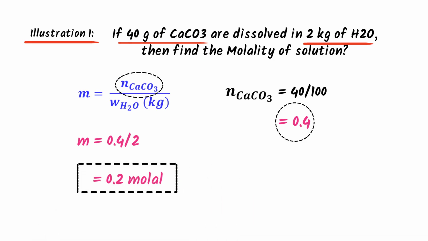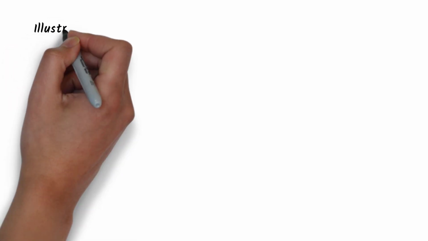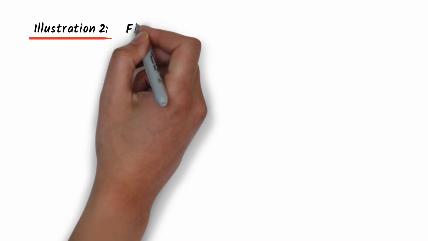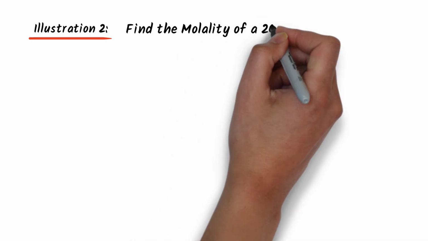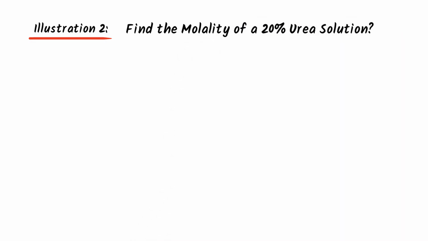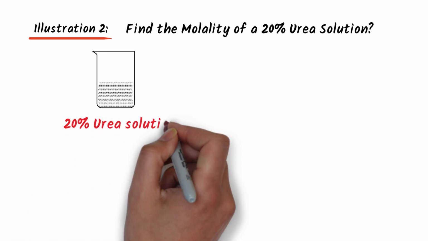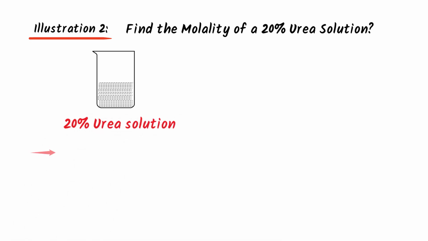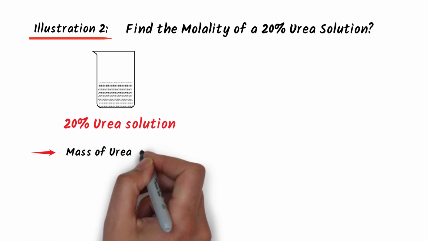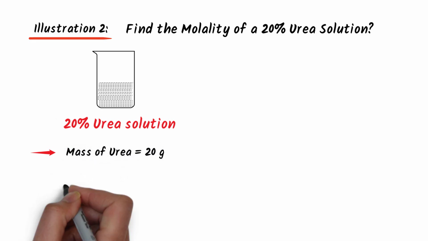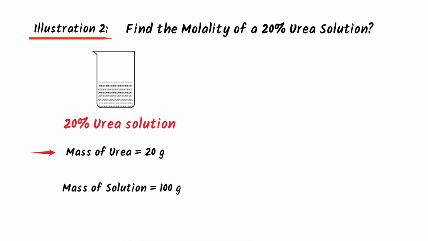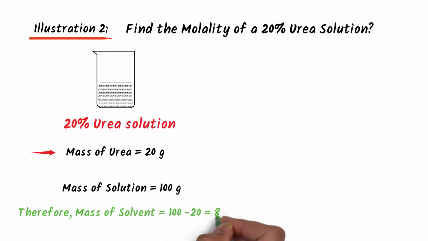Similarly, we have the next illustration which says find the molality of a 20% urea solution. So we have a 20% urea solution from which we can clearly get the mass of urea equal to 20 grams. Mass of solution will be equal to 100 grams. On subtracting the two, therefore, we can find the mass of solvent equal to 100 minus 20. That comes out to be 80 grams.